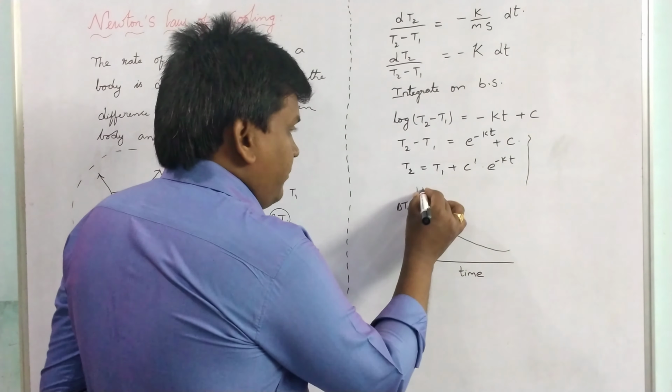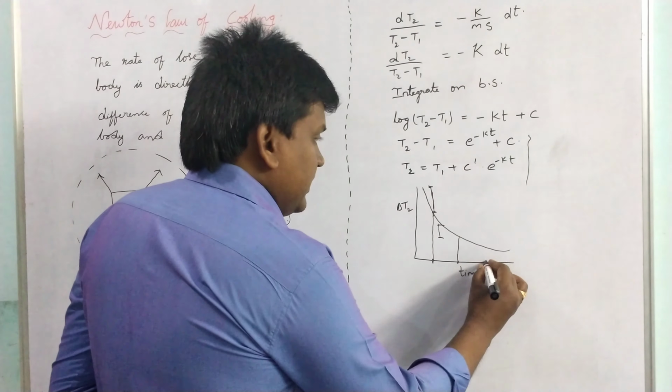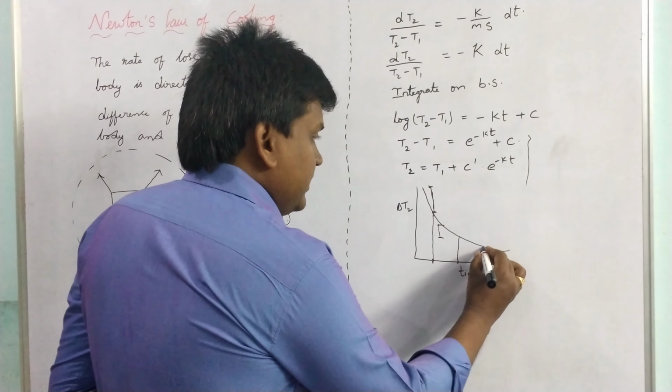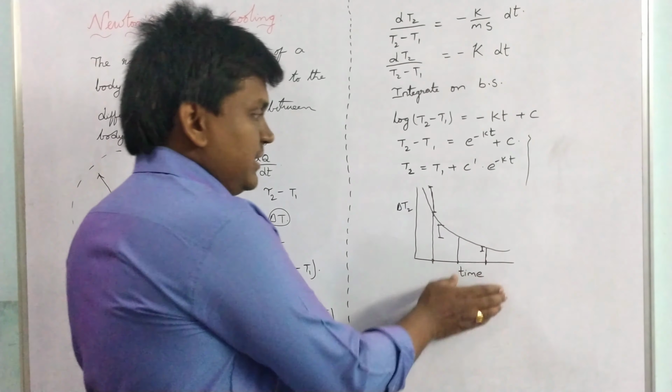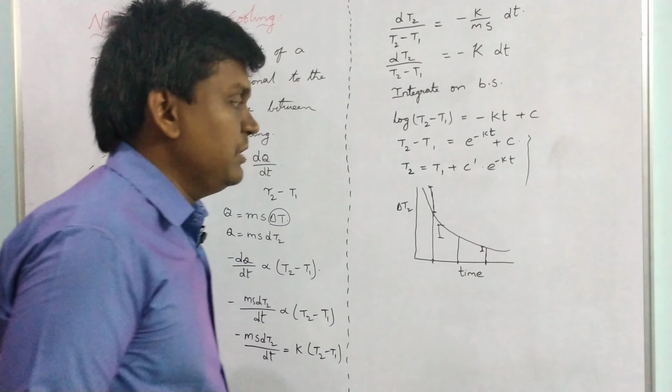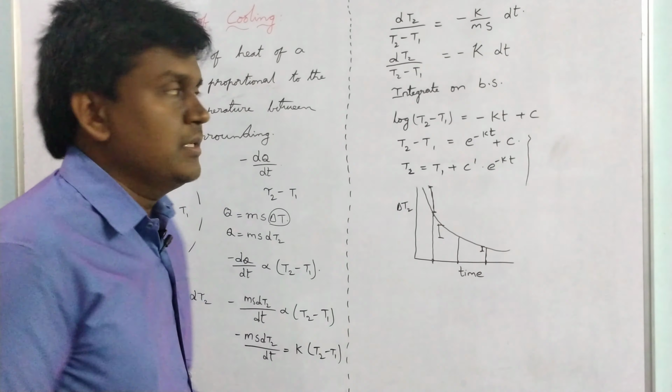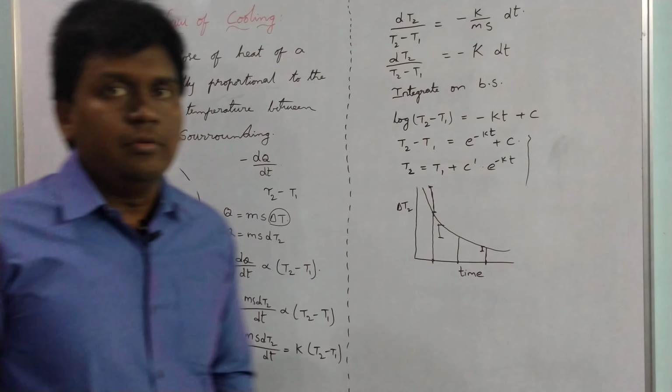For the same amount of time here, this will be the fall of temperature. And if you consider one more interval of the same time, this is a very small fall of temperature. So if the temperature difference is high, then the fall of temperature will also be high. If the temperature difference is less, then the fall of temperature will also be less. And this is Newton's law of cooling. Thank you.